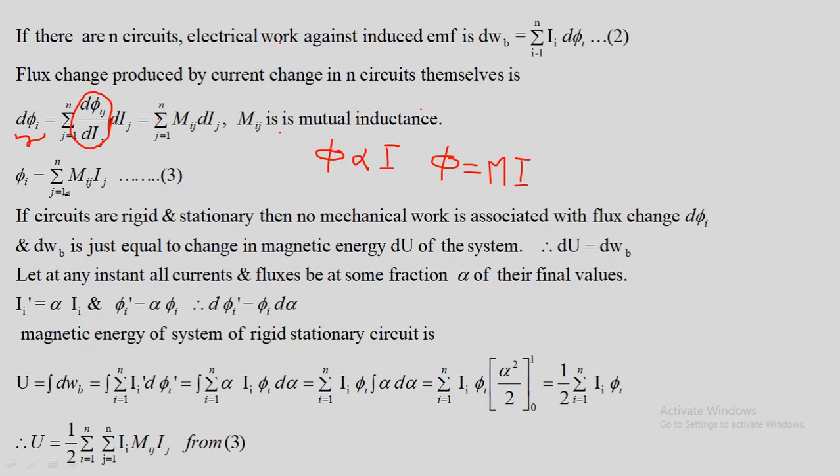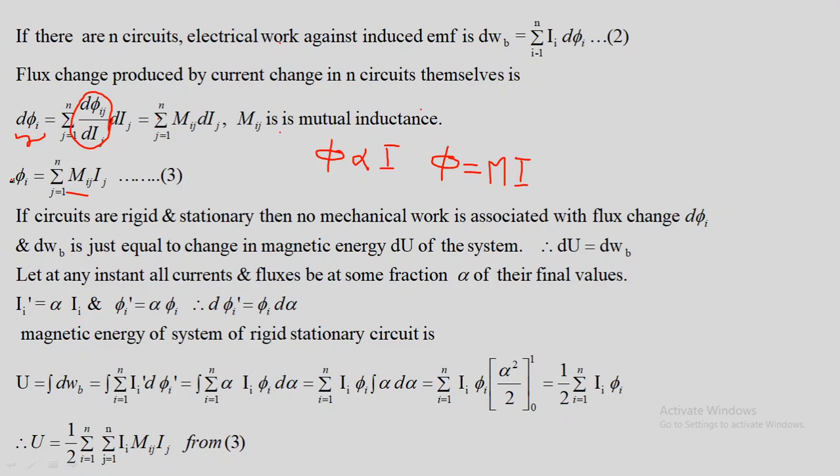So Mij equals d phi ij by dIj, we get it from phi equal to MI, so d phi equal to M dI, so M equal to d phi by dI. We write it as Mij, because the i circuit is coupled to the j circuit, into dIj. So this is phi i, because we have taken phi i from that.